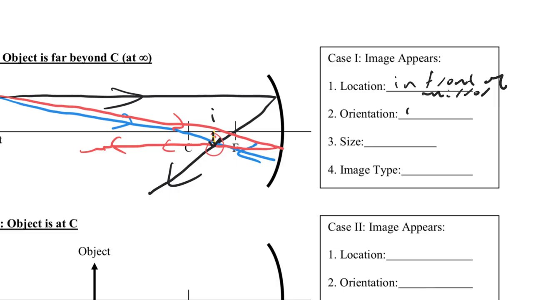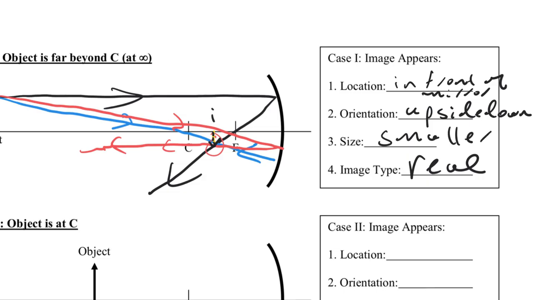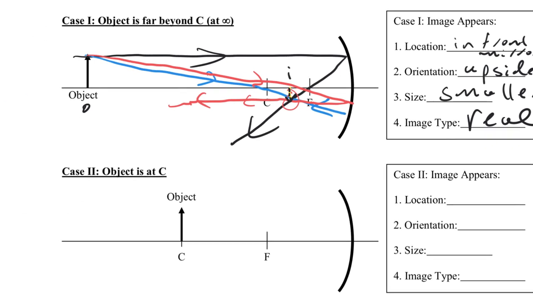The orientation is upside down. Okay, anything upside down is real. And the size is small, smaller than the object. Here's C, and here's F. I should have told you I put the object well beyond C. They're saying anything far beyond C is at infinity, which just means a big distance away.